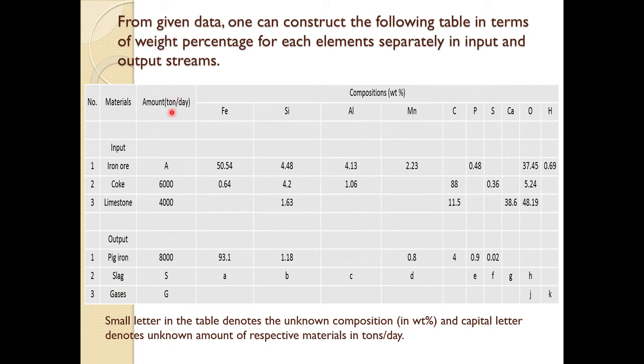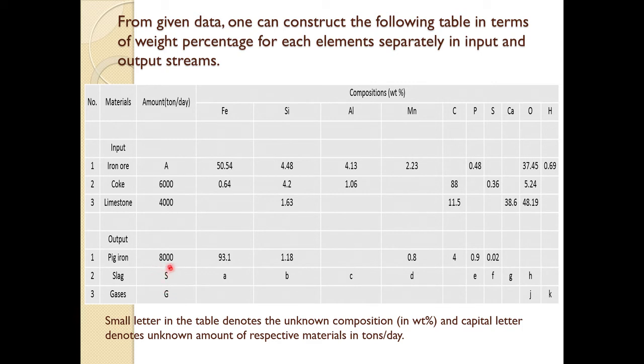So, amount in tons per day which we are putting, we do not know iron ore, that we have to find out, but coke rate is given as 6000 tons per day, limestone 4000, pig iron production 8000 tons per day, slag we do not know, and gas also we do not know, but that is anyway not required, it is not the question.